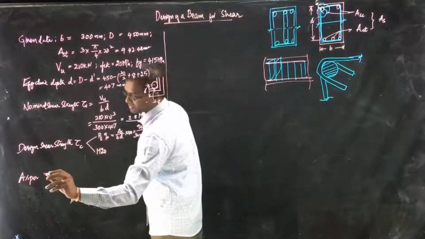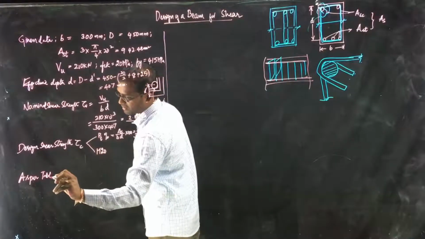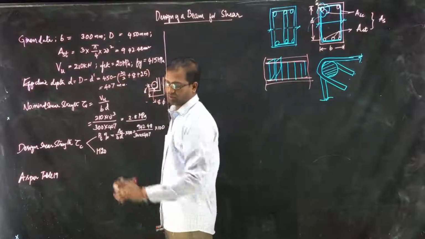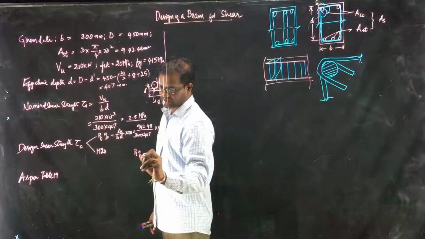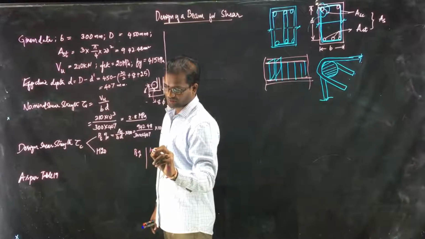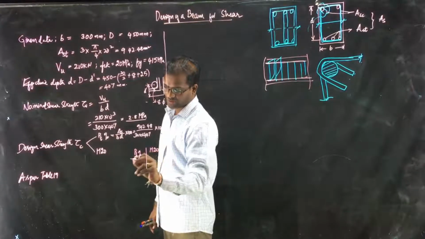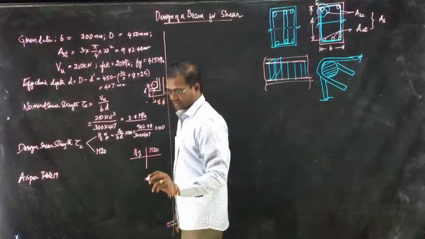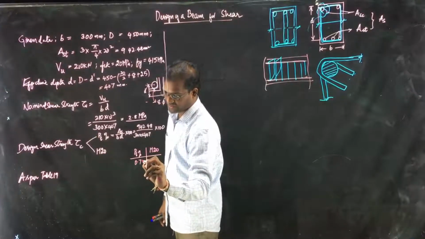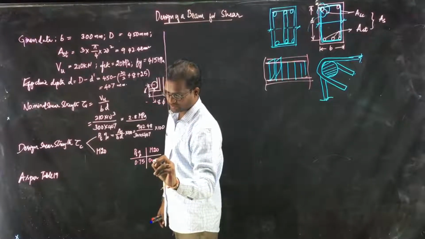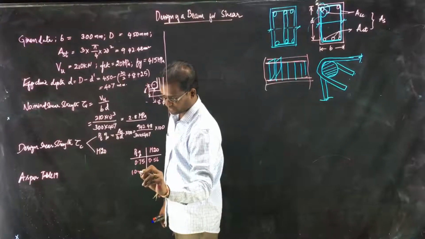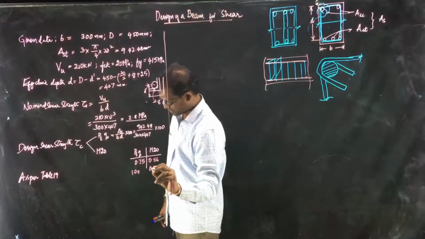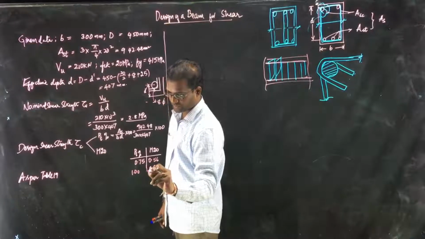Now if you go to table number 19, as per table number 19, pt percentage and with M20 grade concrete values are given. For 0.75 percentage it is 0.56, and for 1 the value is 0.62, right?